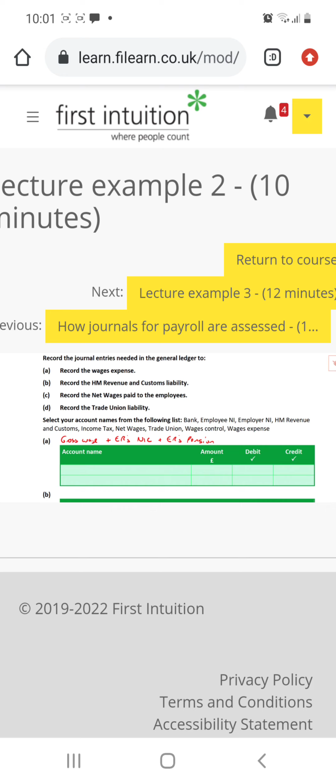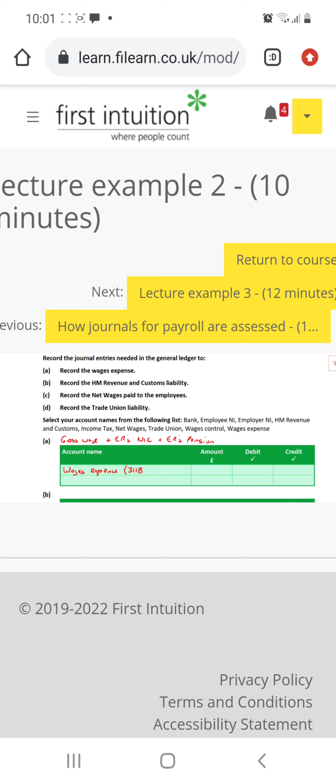I'm looking to record this down as an expense. It's the cost to the company. So the account name I'm going to use is wages expense. In terms of the amount, looking at the figures I've got there, I've got a gross wage from that table of 3118, so that's the gross wage part.